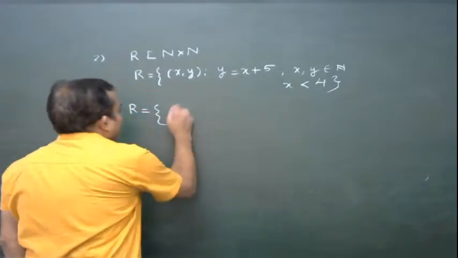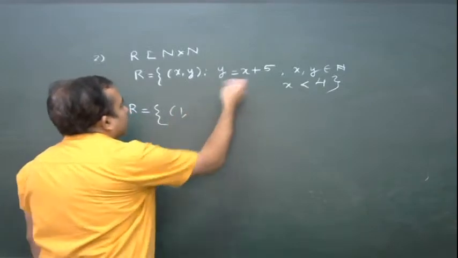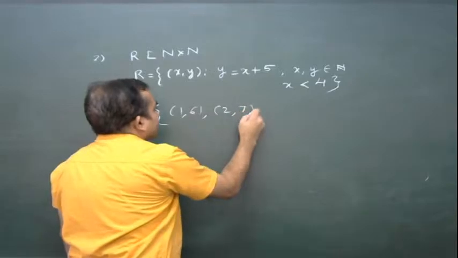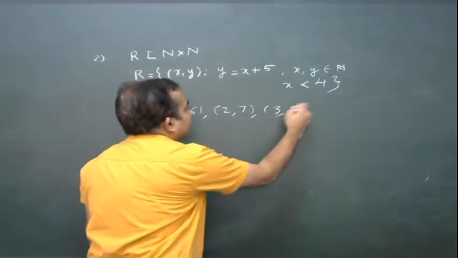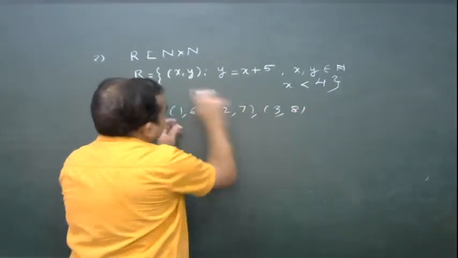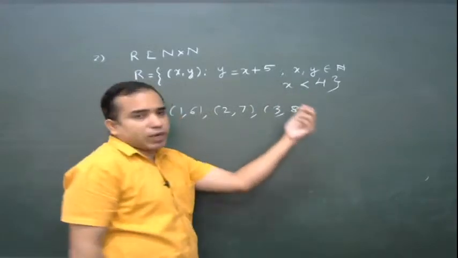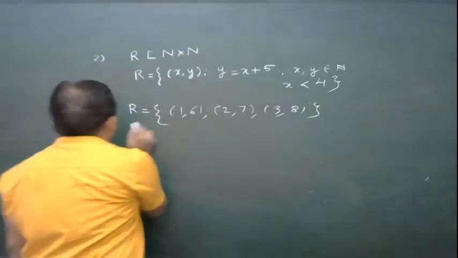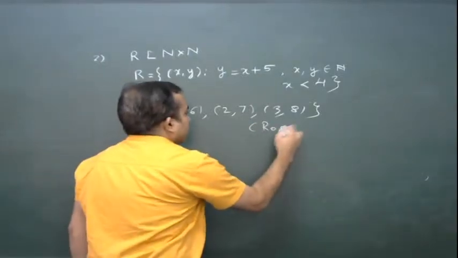The first number is 1, so the second number will be 1 plus 5 is 6, 2 plus 5 is 7, 3 plus 5 is 8, and that is it, because the first number x should be less than 4. Less than 4 means up to 3, right? Okay, nice. Is it right? This is roster form.